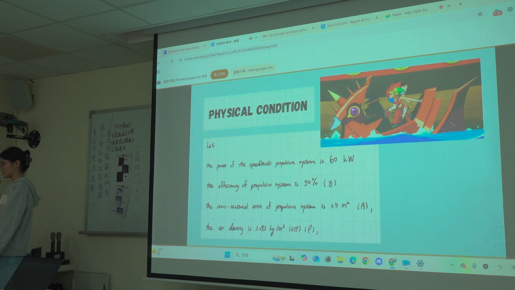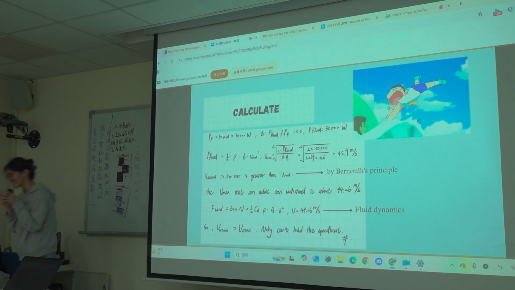I want to find the minimum wind speed created by the propulsion system. I said the power of the speedboat is 60,000 watts, and the efficiency of the propulsion.